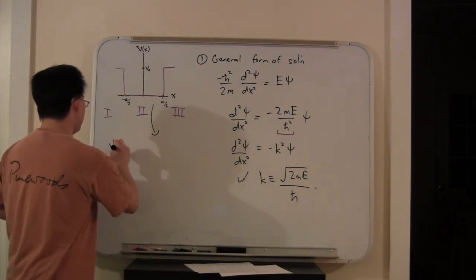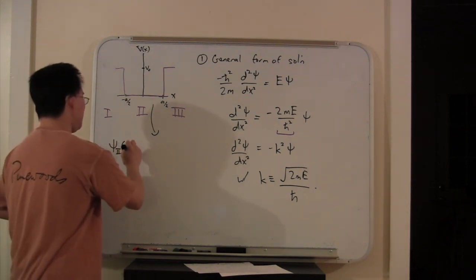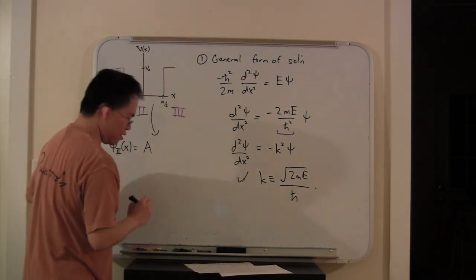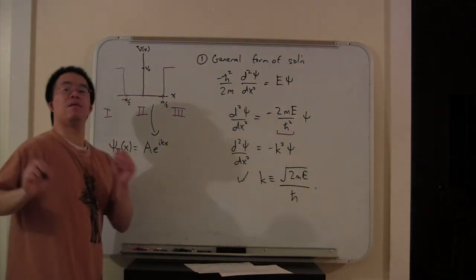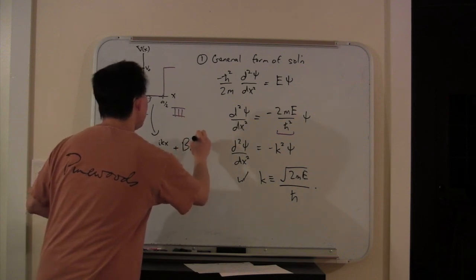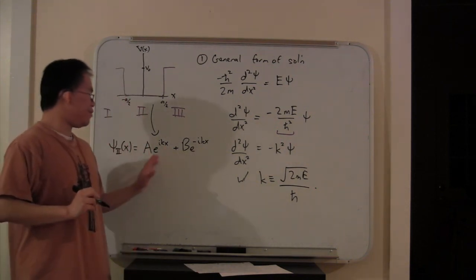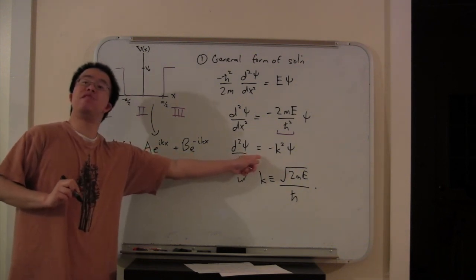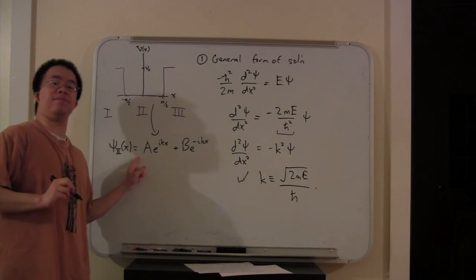I'll label this as psi sub region 2 of x. We'll write it in the most general way with two constants, as A e to the i k x plus B e to the minus i k x. If you're uncertain, take a moment to plug this back into the differential equation here and convince yourself that this is in fact a solution.